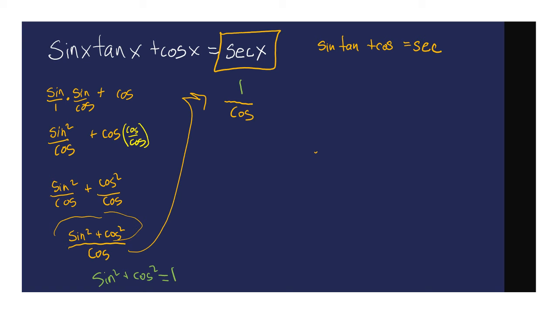Now this is the reciprocal identity. I can use the reciprocal identity that secant is the same as 1 over cosine. So I can say that 1 over cosine is secant, and then I've taken my left-hand side and made it match my right-hand side.